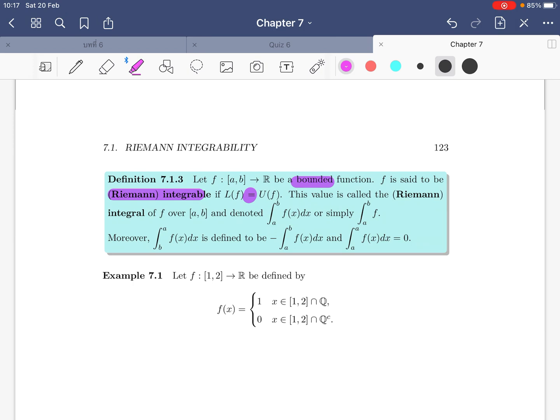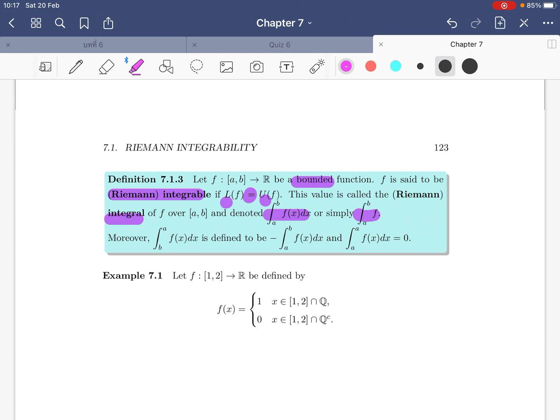And of course this value, you can choose either the lower or the upper sum. This one is called the Riemann integral of f over that closed interval from a to b, and it is denoted by the one that you are familiar with, the integration from a to b of f(x) dx, or simply sometimes by this one.